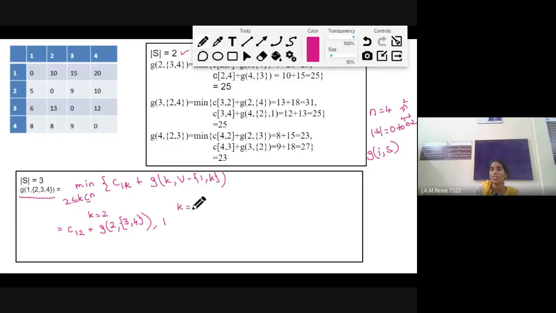And for the next combination, let us consider K equal to 3. So for that, we will be having C13 plus G of 3 comma the remaining vertices. So it will be 2 comma 4.